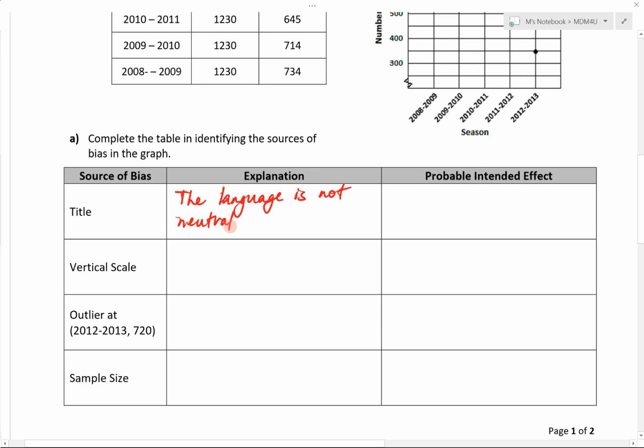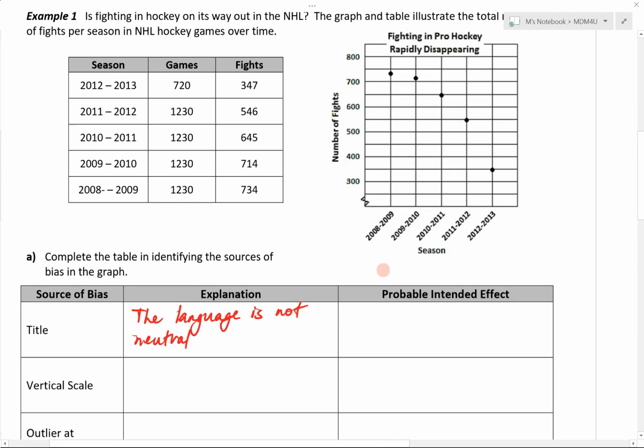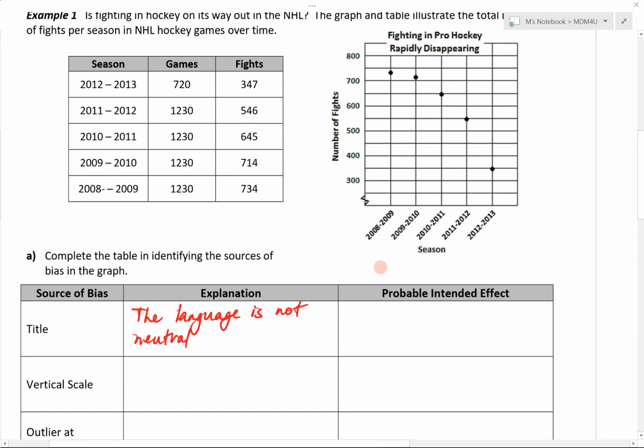That's the first thing. So what would the intended effect be? Well, because you're trying to perhaps prove to people that fighting is on the decline, so the sport might be safer than what other people are claiming it to be. So the intended effect would be to convince people that fighting is on the decline.